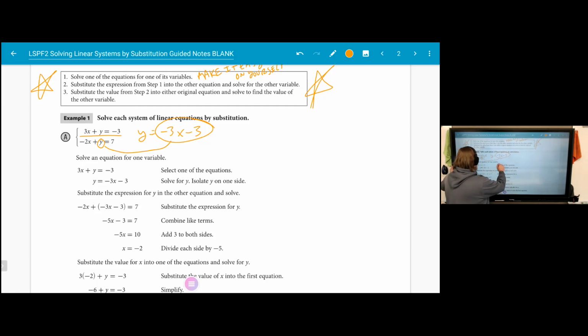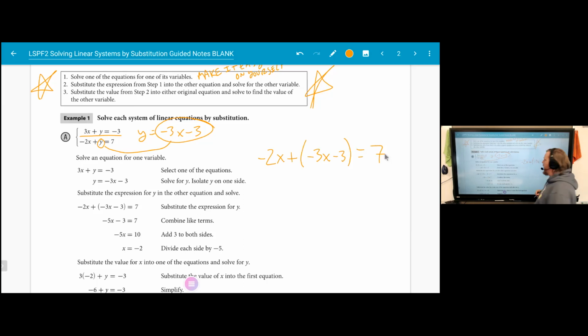So in the second equation, -2x plus y equals 7, anywhere I see y, I'm going to replace it with -3x minus 3. So -2x plus, and then in parentheses, -3x minus 3 equals 7.